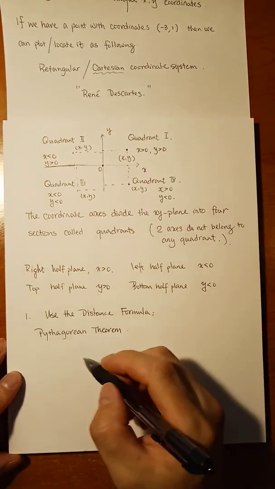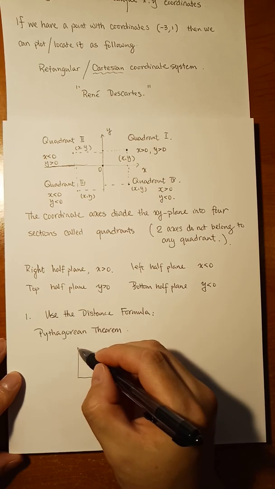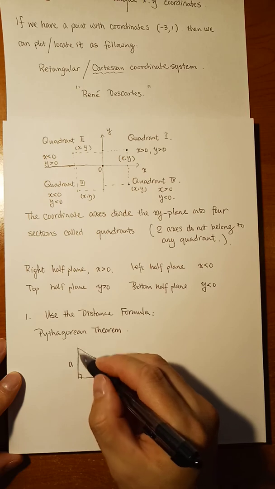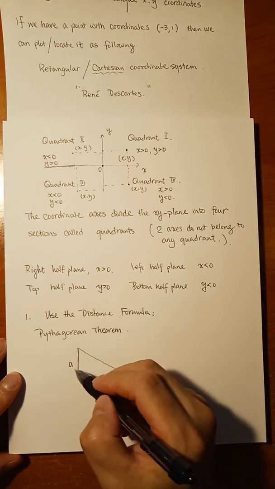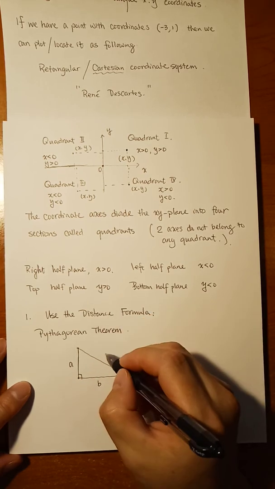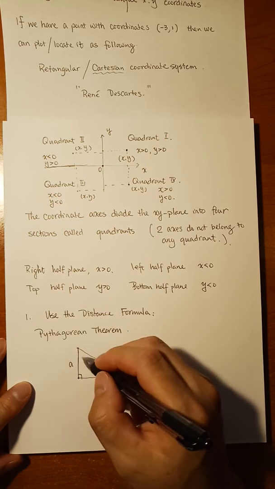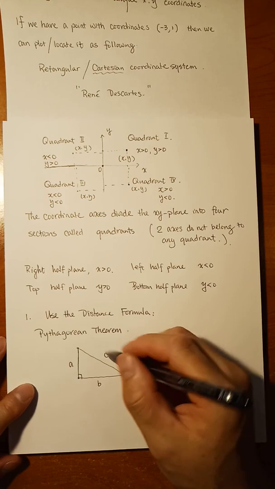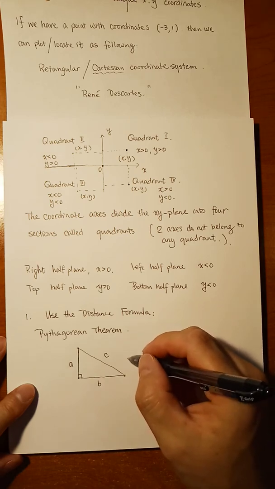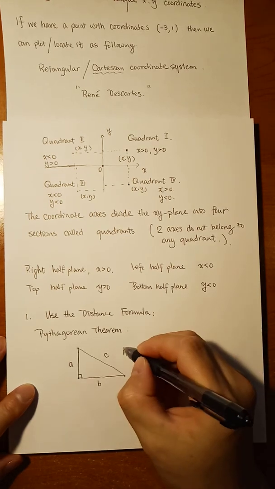What is the Pythagorean theorem? If you have a right triangle, the right angle has two legs. Those two legs are labeled A and B, which give the lengths of the legs. The side opposite the right angle is called the hypotenuse, labeled c.